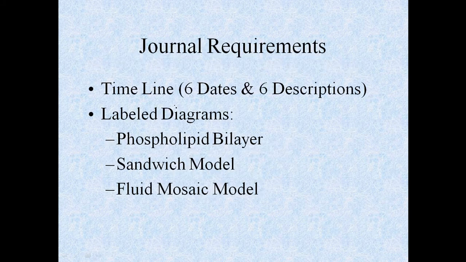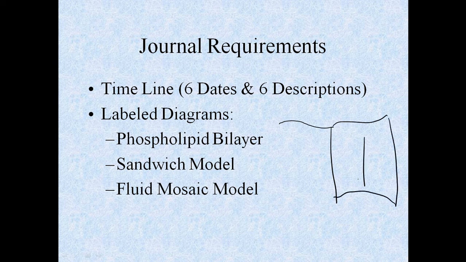So in your journal, we want you to record a couple of things. First is a timeline. Through this presentation, you're going to see 6 dates, 6 specific years, of where certain things happened in our understanding of cellular membranes. We also want you to include 6 descriptions, one for each of those dates, about what happened around those times. On your other page, we want you to include some labeled diagrams.